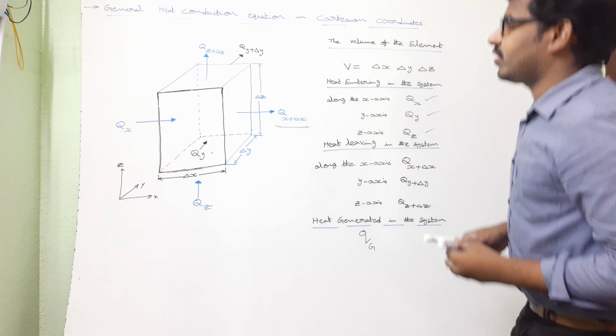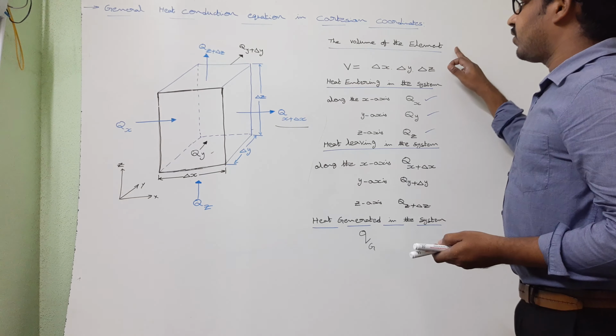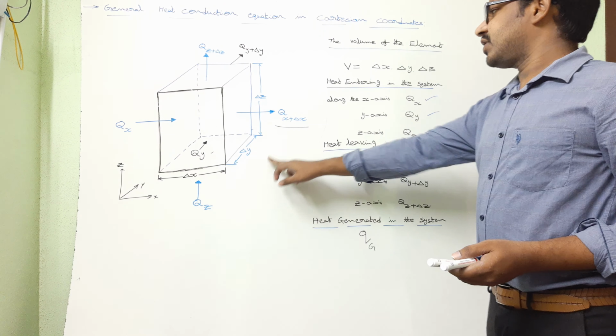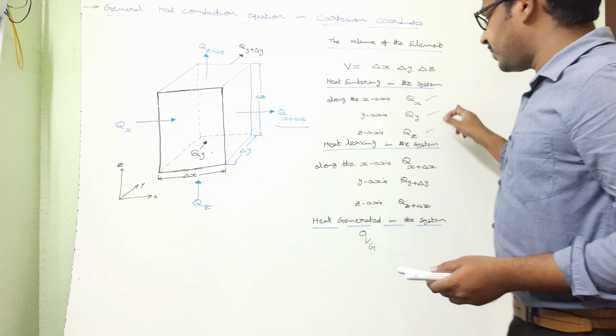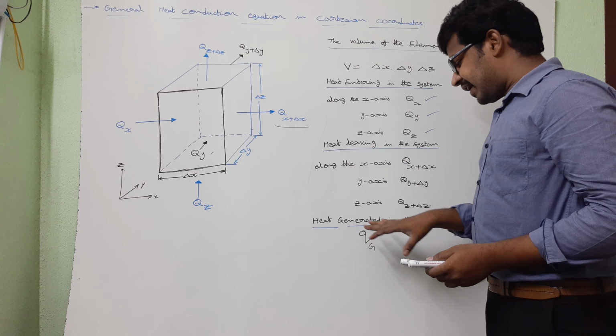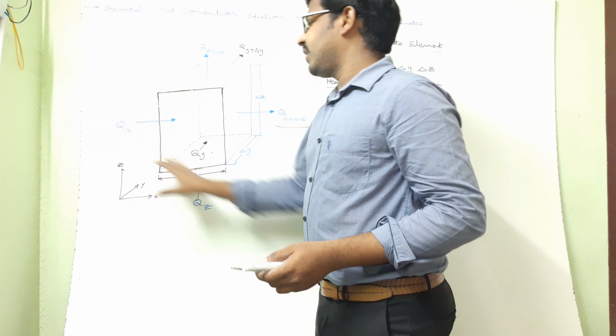So in every Cartesian coordinate system, we have to follow the volume of the system, heat entering the system, heat leaving the system and heat generated in the system.